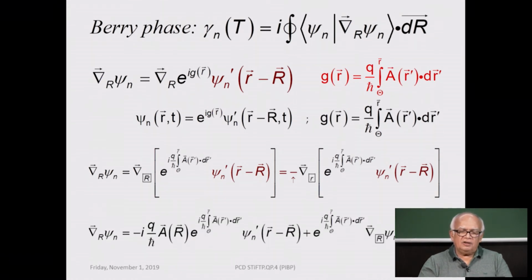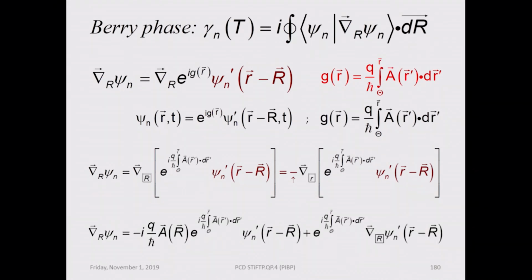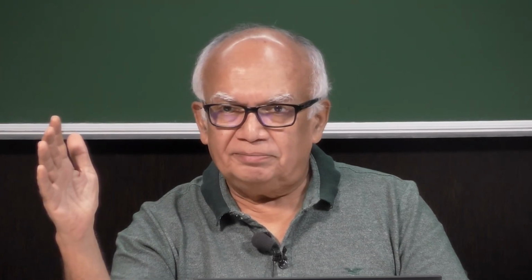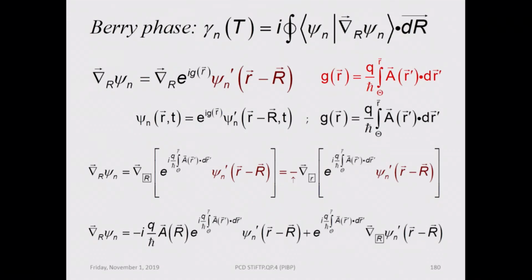So, now I take the gradient with respect to the lowercase r, and what is that? I have got the gradient of the first function times the second term, and then the first function times the gradient of the second term, okay. And the gradient of the second term, that term will come with a minus sign if it is with lowercase r, or with a plus sign if it is with respect to the uppercase r.